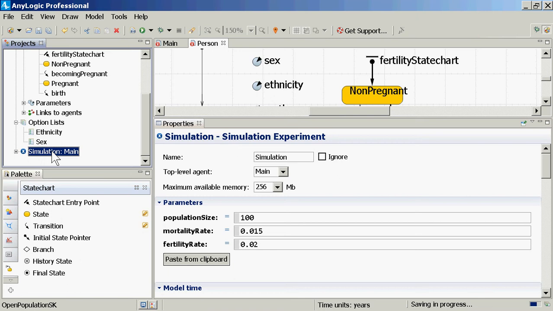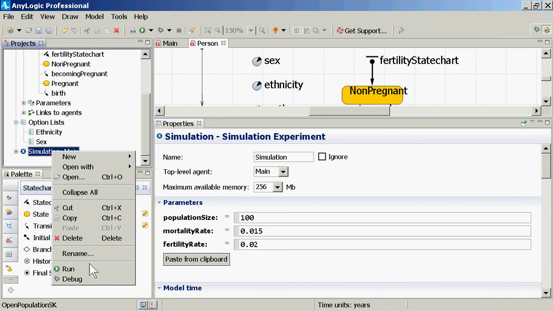Okay, mortality rate 0.15, fertility rate 0.02 in the experiment, because it's the experiment that specifies the values of parameters. 0.015, yeah, sorry, and fertility rate 0.02. Okay?